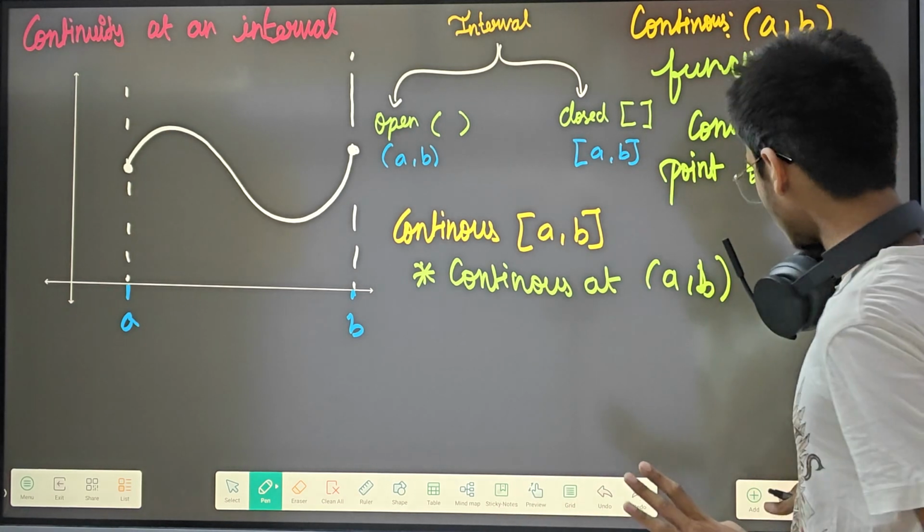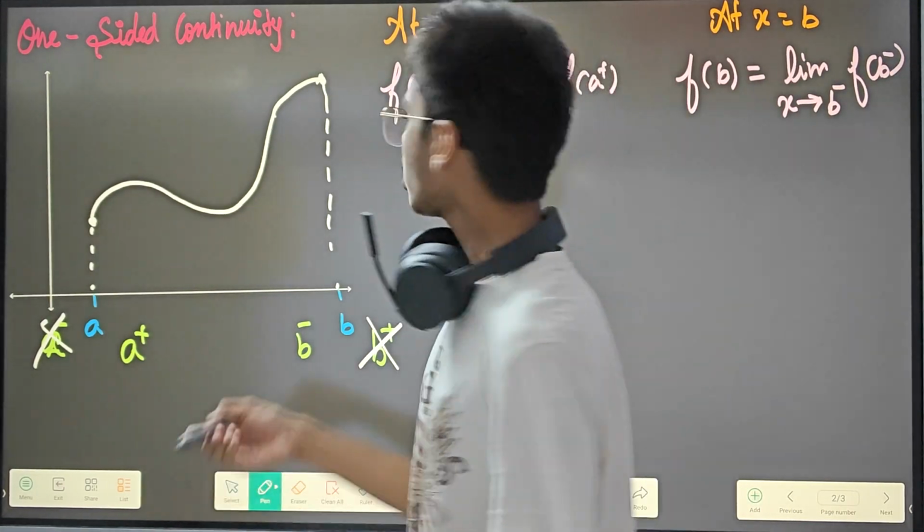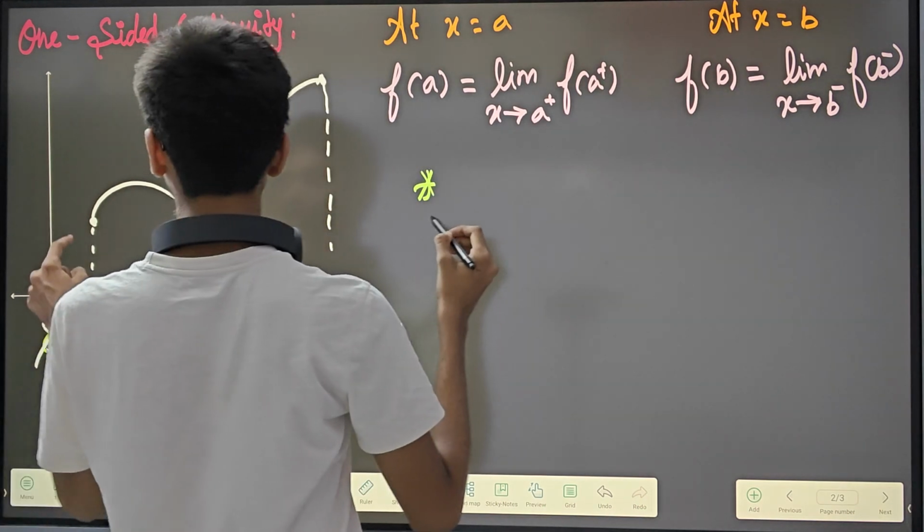Now we are going to use this one-sided continuity, which is used for single points, or rather this point and this point.